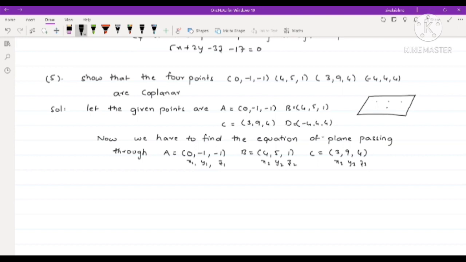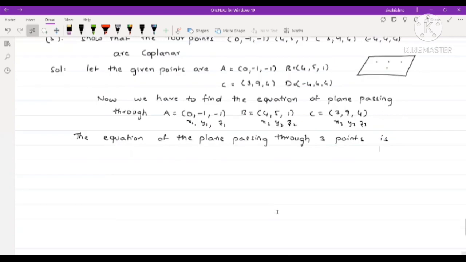The equation of the plane passing through 3 points is, so I am writing the determinant formula.